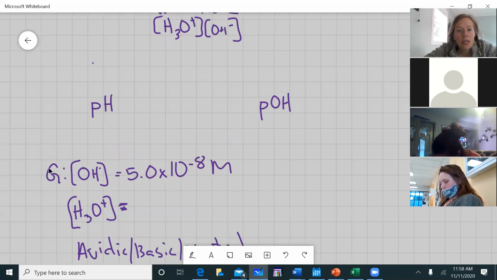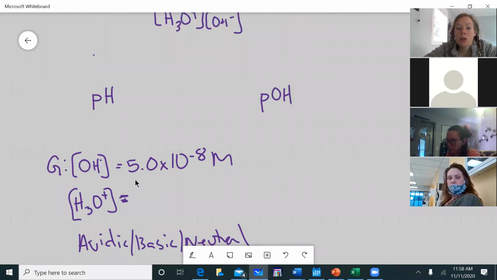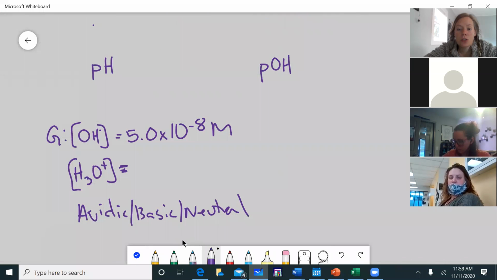Okay, so when looking at that equation, we know Kw, which is a constant, is 1.0 times 10 to the negative 14, and it equals my H3O plus and my OH minus concentration, those two things times each other. So I can rearrange the equation to get my H3O plus will just equal Kw divided by whatever my OH concentration is.